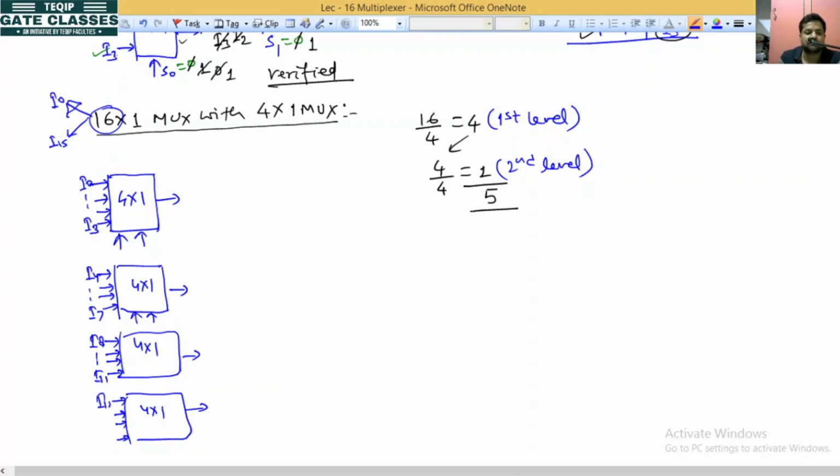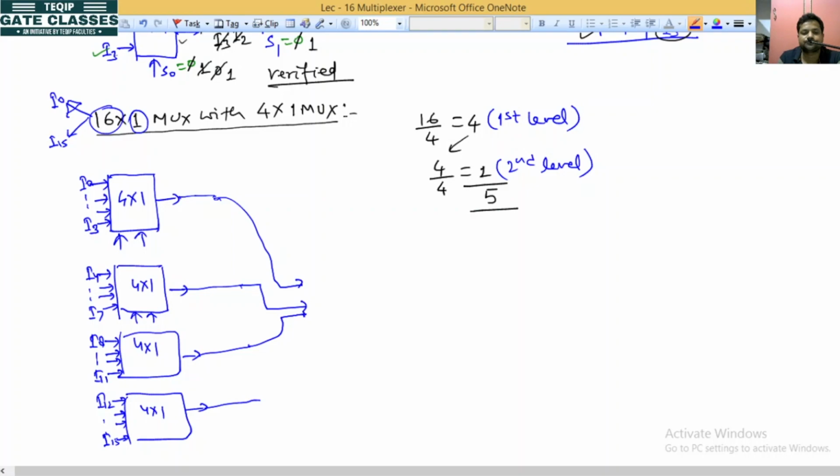Now it is I12, this one is I15. Okay, now we got how many outputs here? 4 outputs. But if you want to implement 16x1 mux, then how many outputs are required? Only 1 output. So you have to take one more 4x1 mux and connect all these outputs with that.